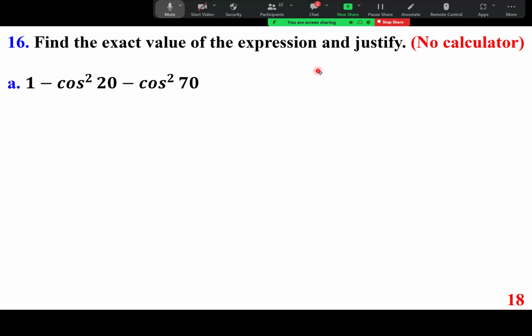Find the exact value of the expression and justify: 1 minus cosine squared 20 minus cosine squared 70. I hope you recognize sine squared plus cosine squared equals 1. So 1 minus cosine squared is sine squared.